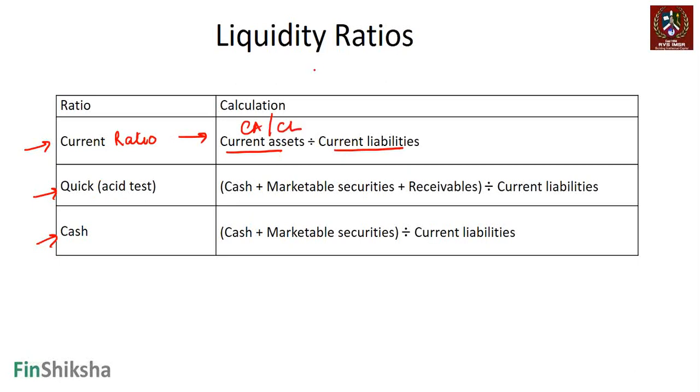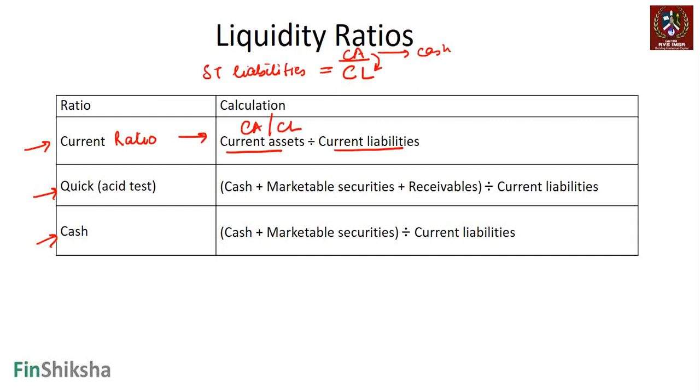What does this signify? Remember, my short-term liabilities or obligations are nothing but my current liabilities. How much current assets do I have that I can readily convert to cash in order to fund my current liabilities, in order to cover my current liabilities?